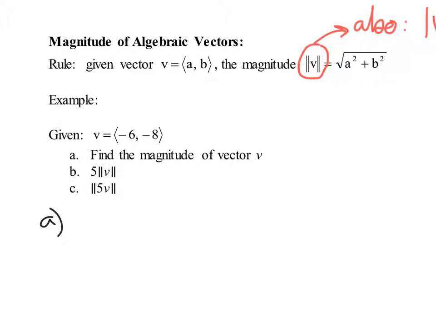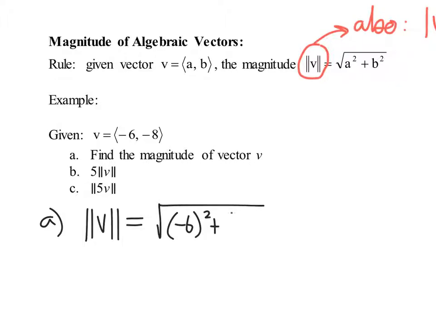Find the magnitude. So if I'm looking for the magnitude of v, it would be the square root of -6 squared plus -8 squared. You're going to get a clean 10 out of that.